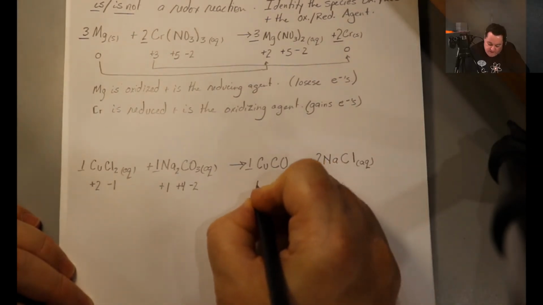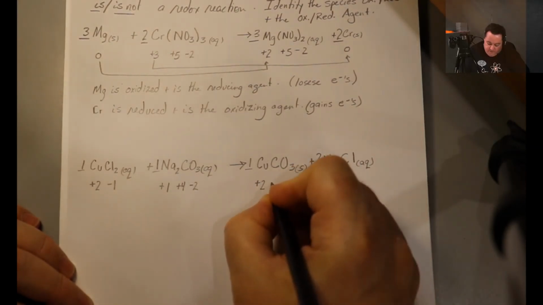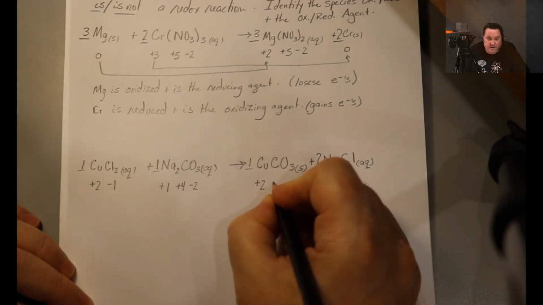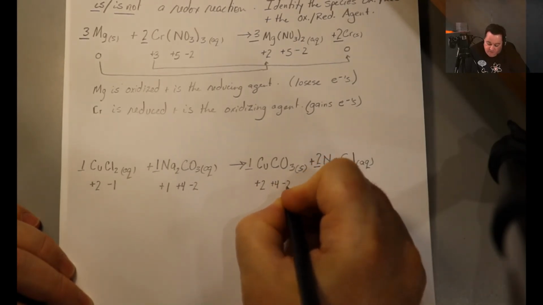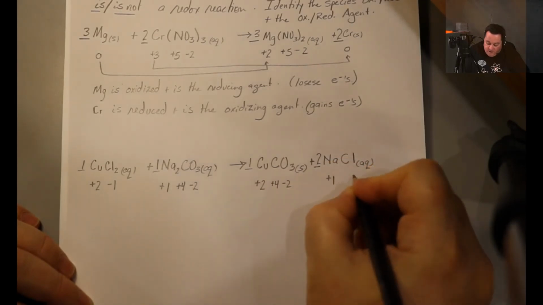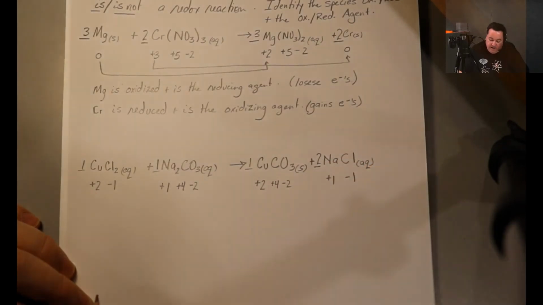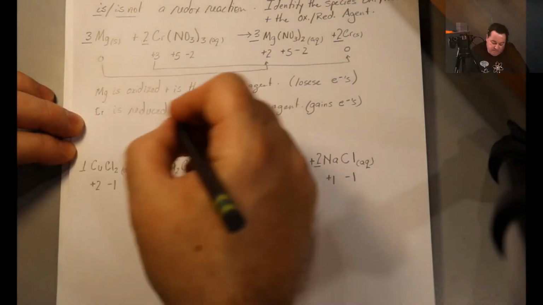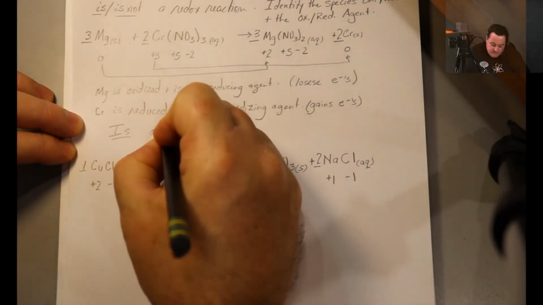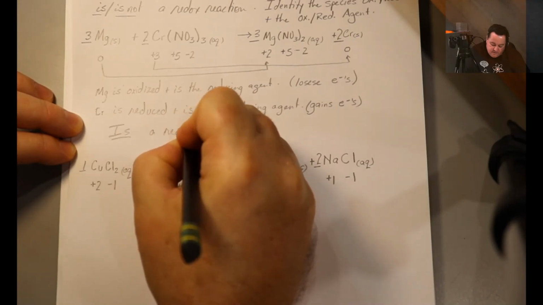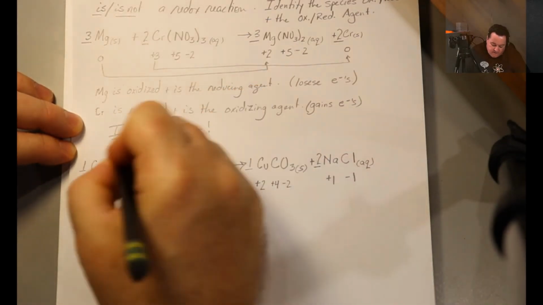On the other side, copper is +2. Carbonate is exactly the same, so +4, -2, +1 for sodium ion, -1 for chloride ion, and we see no oxidation numbers changing. So one thing I forgot to answer directly up here, this reaction is a redox.